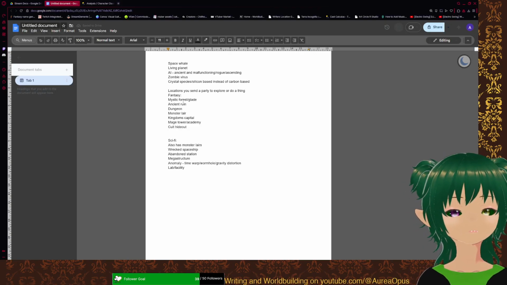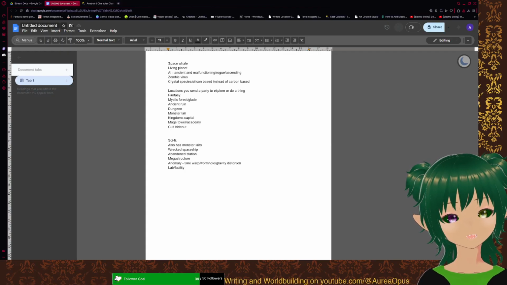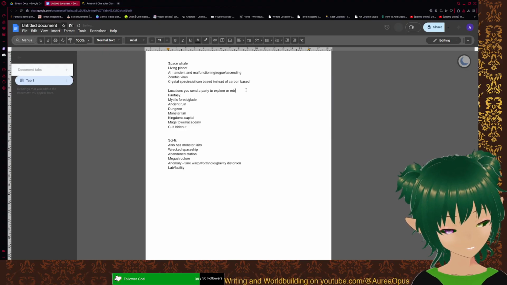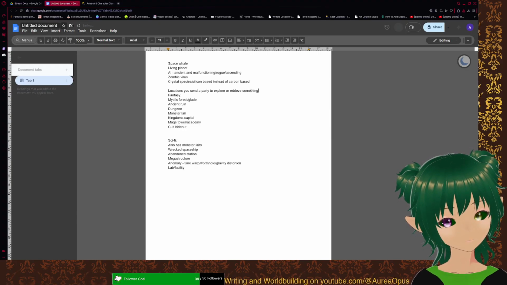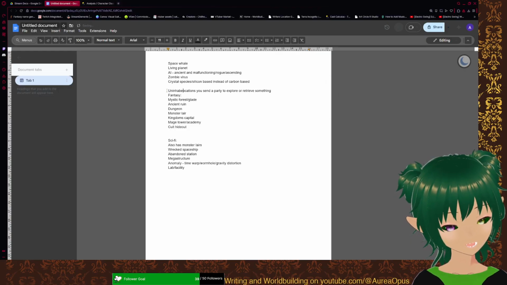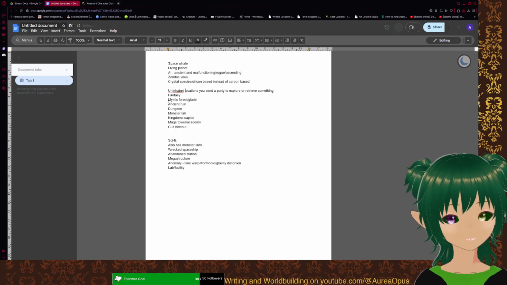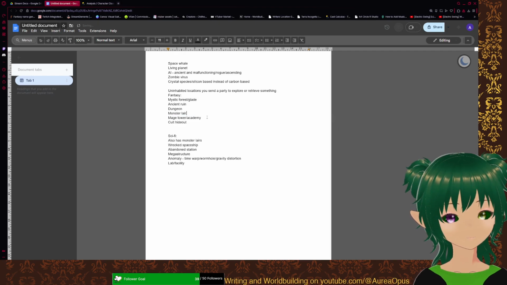Do a thing, like carry out a mission, kind of makes it everywhere. So locations you send a party to explore or retrieve something. Uninhabited location. There we go. You take off the capital.